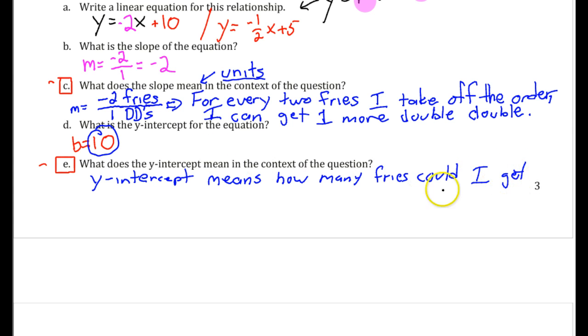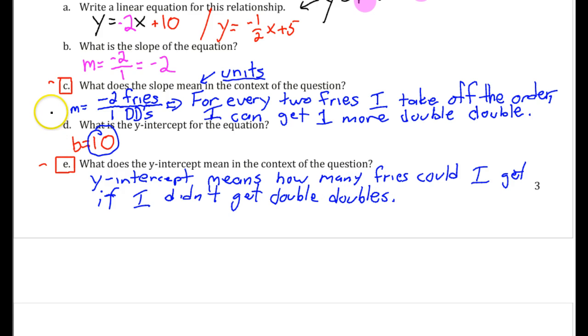How many orders of fries could I get if I didn't get double doubles? I can get 10 orders of fries, $2 each, cost 20 bucks. That's what the y-intercept means. If you did the graph differently, you'd be talking about I can get 5 double doubles for 20 bucks, but no fries. So again, there are two very similar answers here that are both correct.